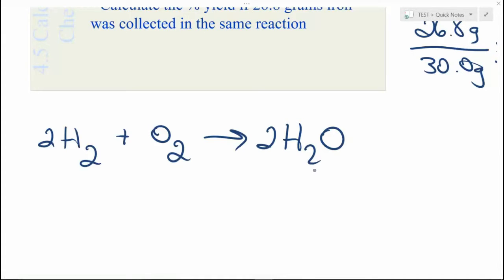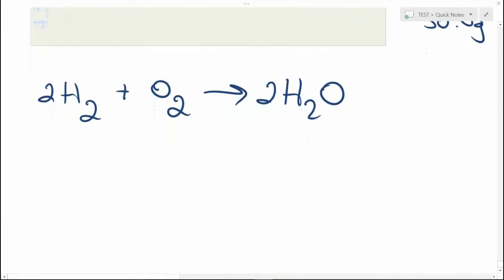So let's say that with this balanced chemical equation, I told you you have, oh no, that's not, you have 3 grams of hydrogen and you have 15 grams of oxygen. And then I asked you, so which one of these is going to run out first?